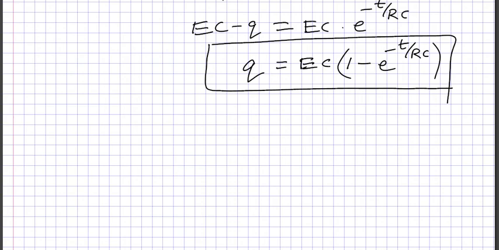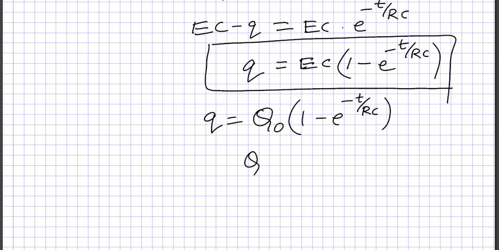This can also be written as q is equal to q naught into (1 minus e to the power minus t by RC), where q naught is the maximum charge that will be stored after charging for a sufficiently long period, or the maximum charge on C.